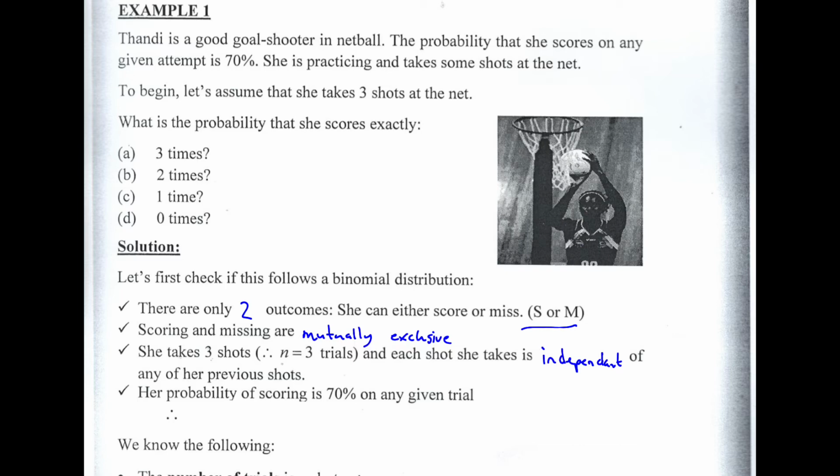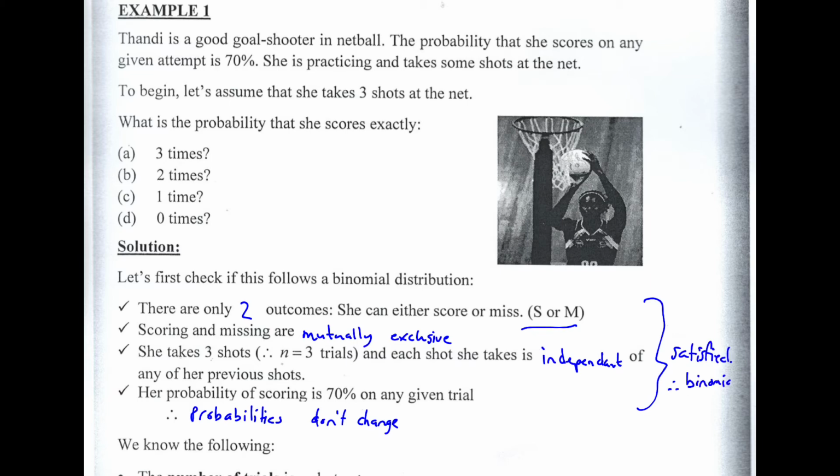Because on any given trial the probability of scoring is 70%, we can conclude that the probabilities do not change. So because they don't change, this is binomial distribution. Because all 4 of these conditions are satisfied, we can assume that this is binomial.